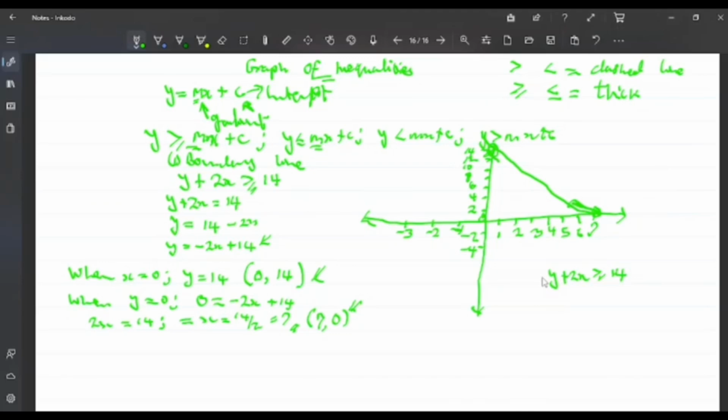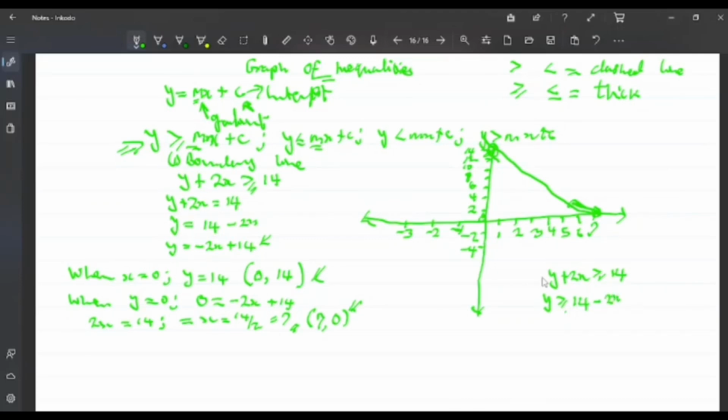In this method, your target is to make sure that the inequality becomes like this. By that, I mean y is standing alone and is also positive. Take note, it must be positive. So it becomes y greater than or equal to 14 minus 2x.